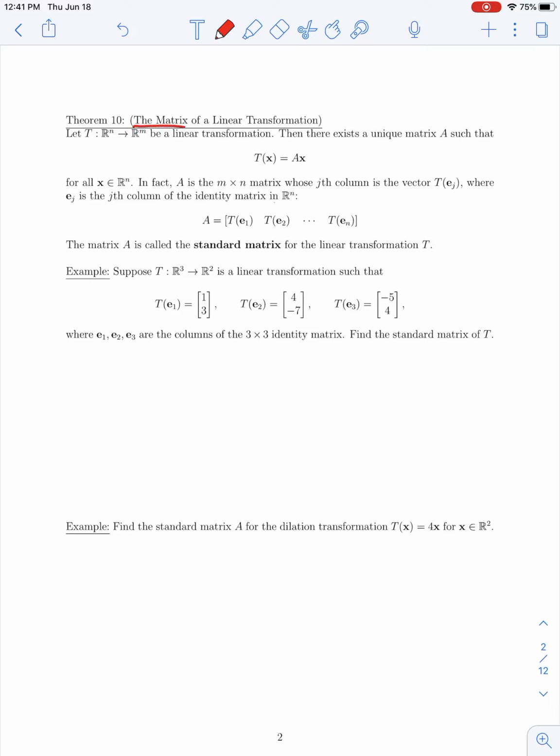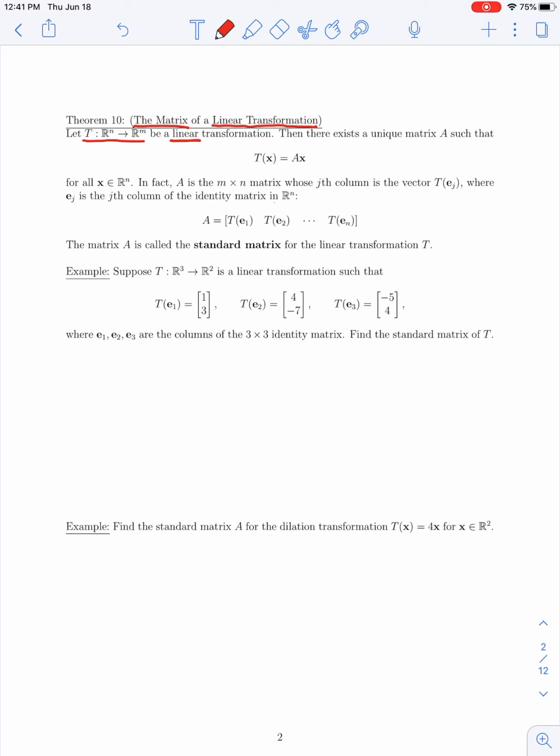So this theorem tells us how to find the matrix associated with a linear transformation. Here's what it says. Let's suppose that we have a transformation T from Rn to Rm, which is a linear transformation.